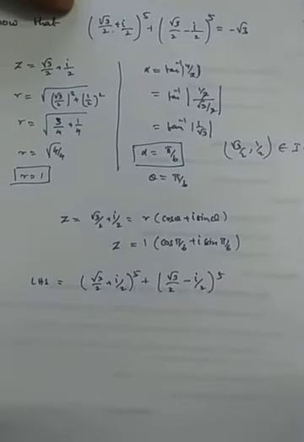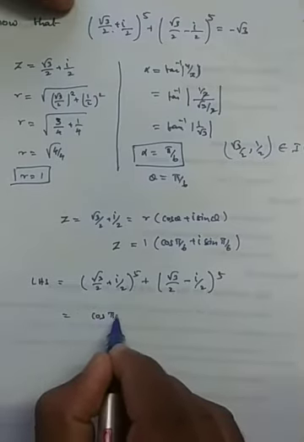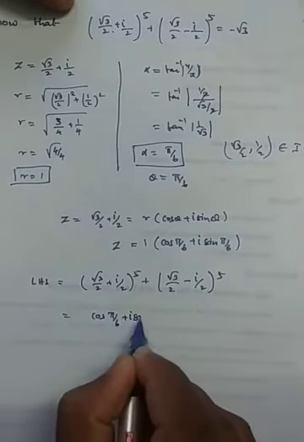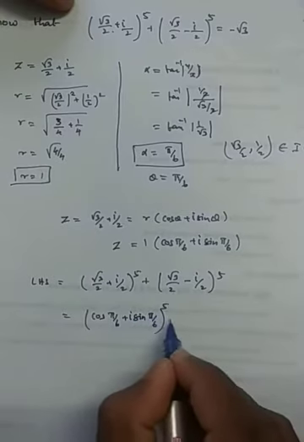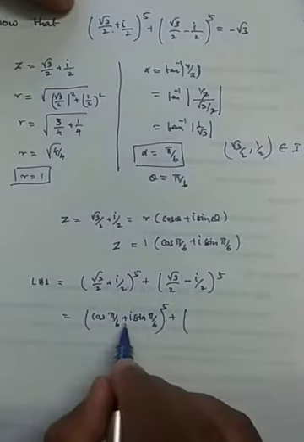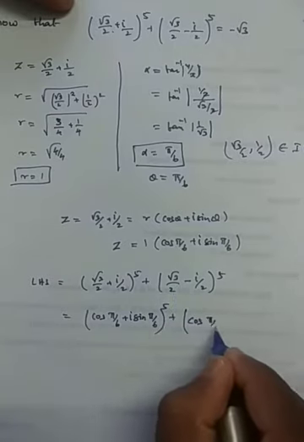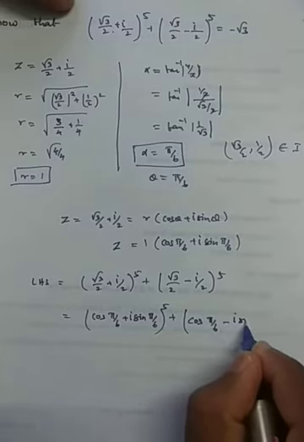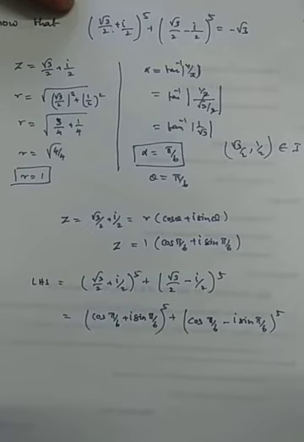Okay, so now this value is cos pi by 6 plus i sin pi by 6 the whole power 5, plus here the conjugate, instead of plus, minus will come, cos pi by 6 minus i sin pi by 6 the whole power 5. So these things you keep in mind.